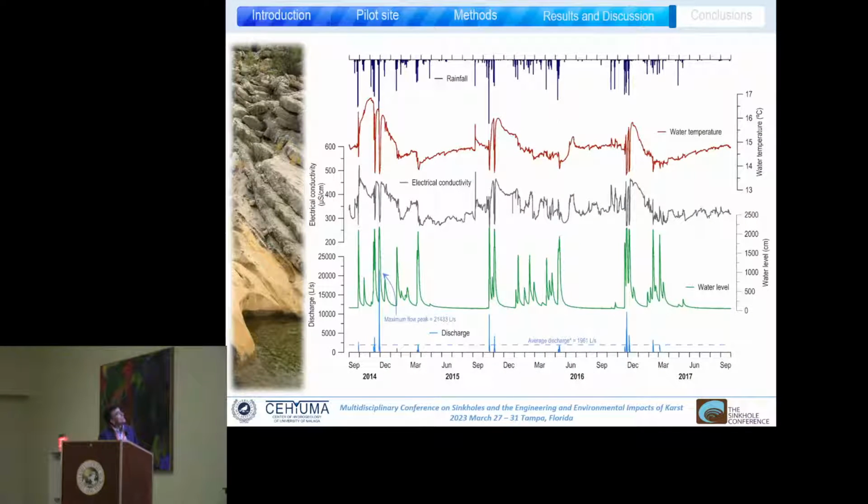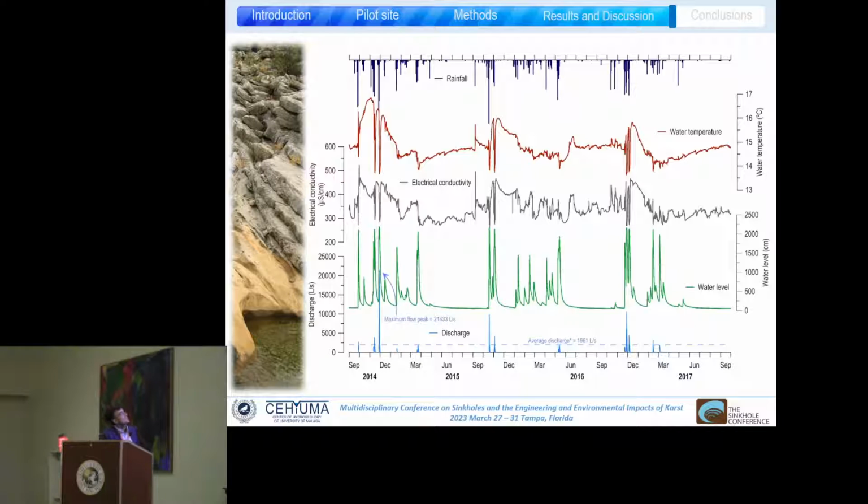So a dilution peak within a context of increase, coinciding with the peak of water table. And at the same time, we have a decrease of temperature.